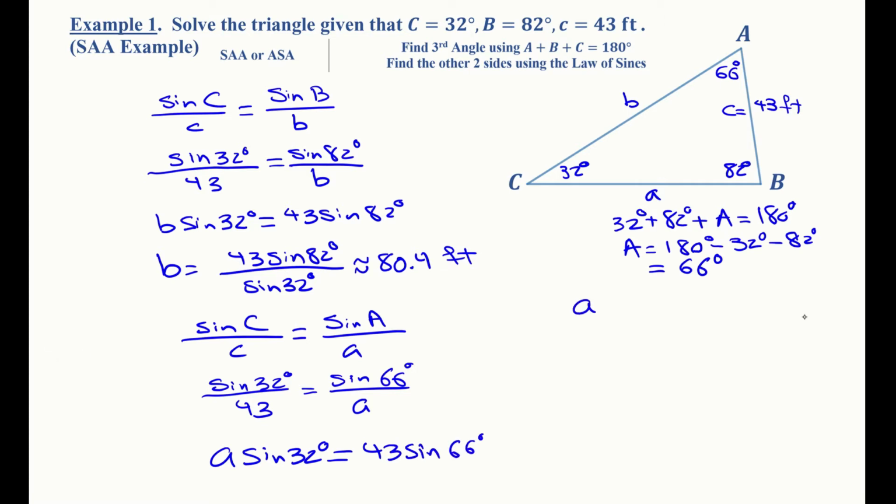So now we get A equals 43 sine of 66 degrees divided by sine of 32 degrees.